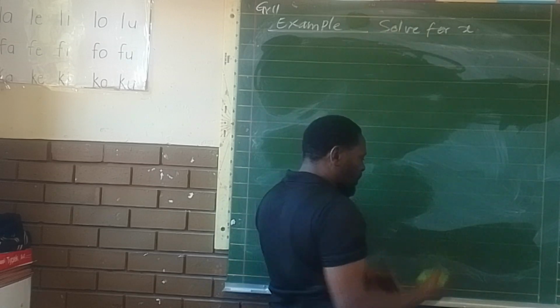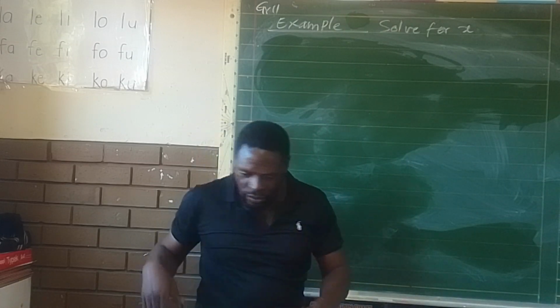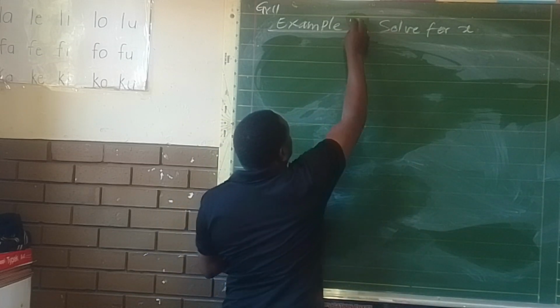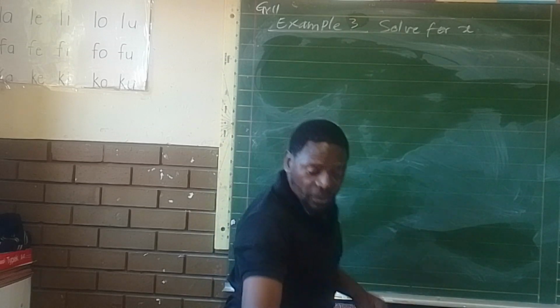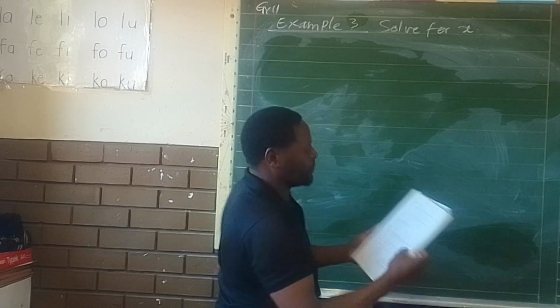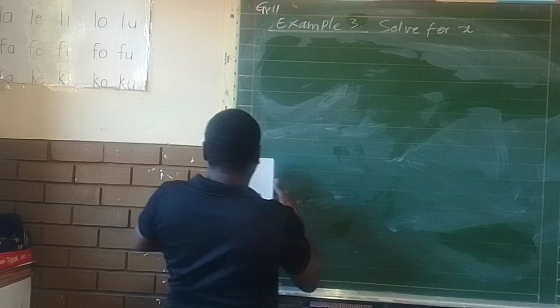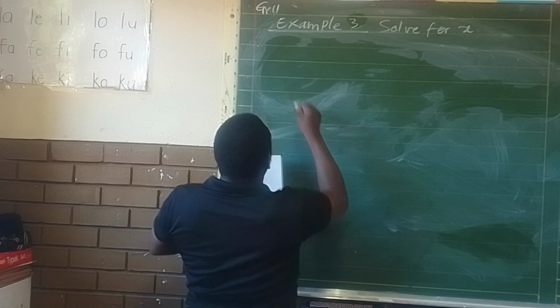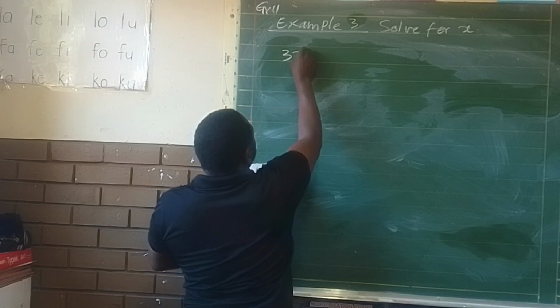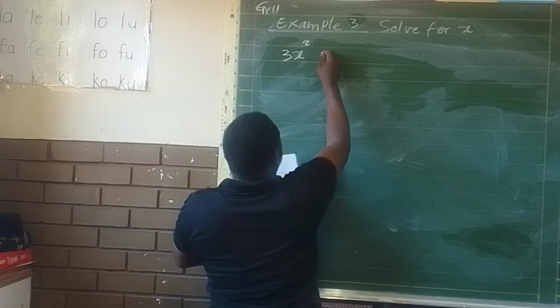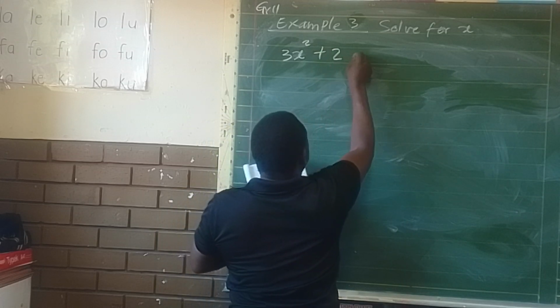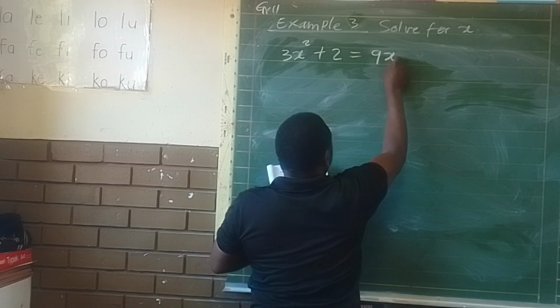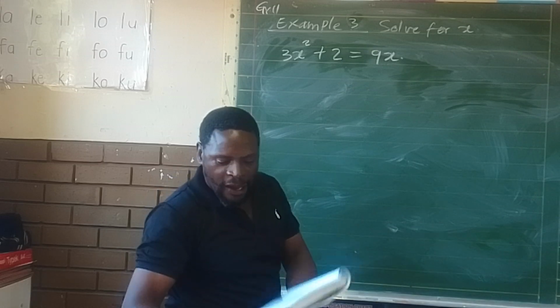This is the third example that we are going for. Now they can trick you like this sometimes. 3x squared plus 2 is equals to 9x.